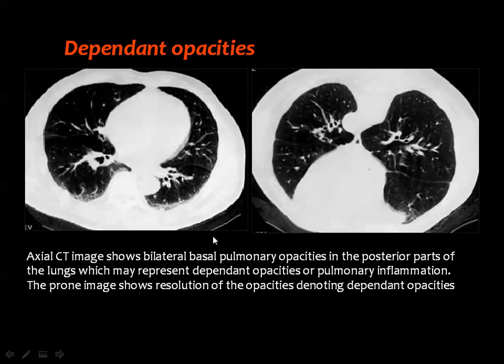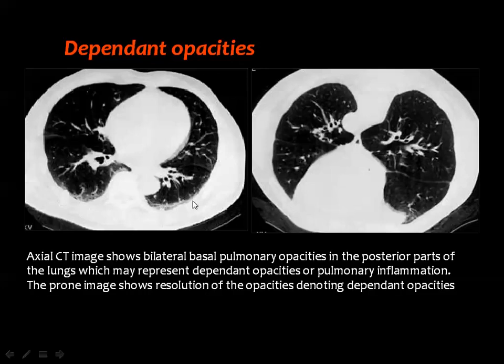Also, whenever we are dealing with high resolution CT, many times, especially in old people, you can see some opacities in the dependent parts of both lung fields. And this is not a disease, but it may refer to accumulation of some secretions in the dependent parts of the lung.